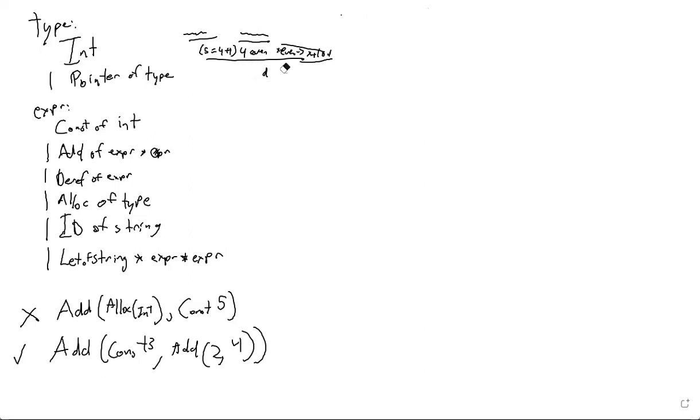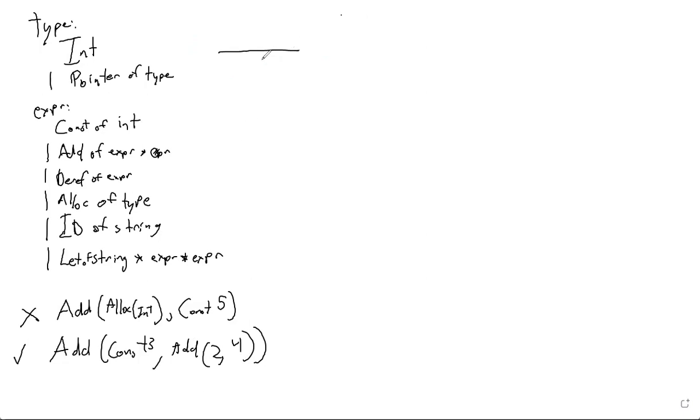All right, so now we're going to make some rules here to be able to conclude down here that the bottom one is good and the top one is bad. And what we're going to be showing proofs of is that some particular expression is of some particular type.